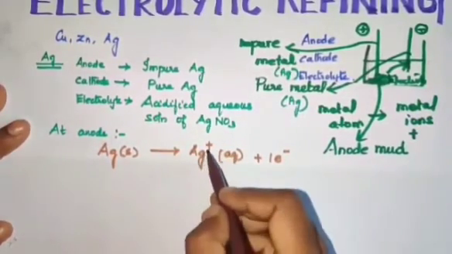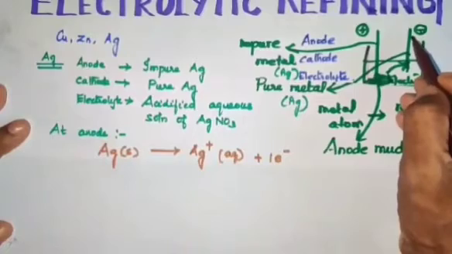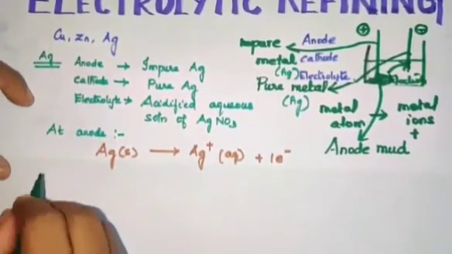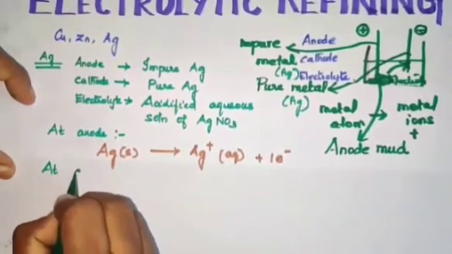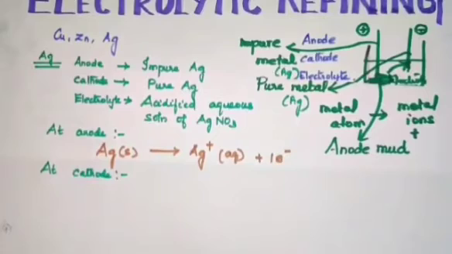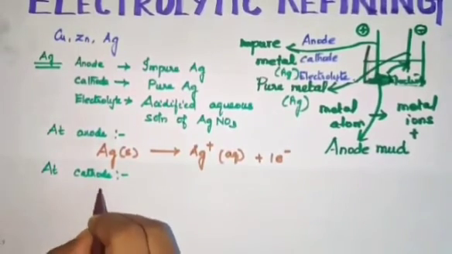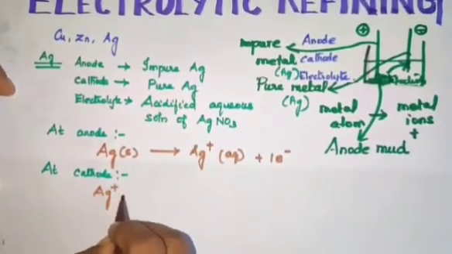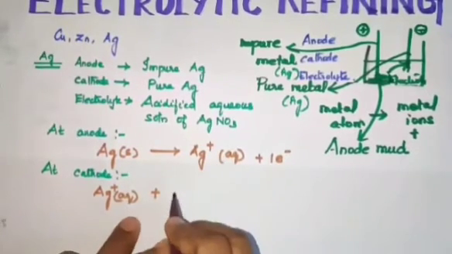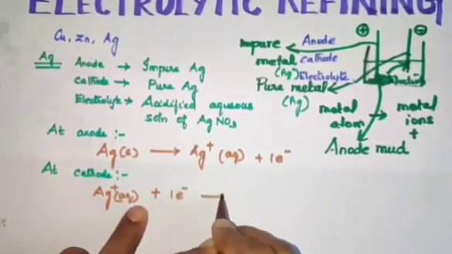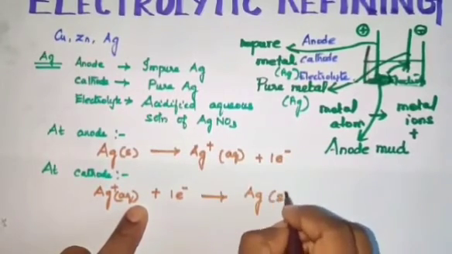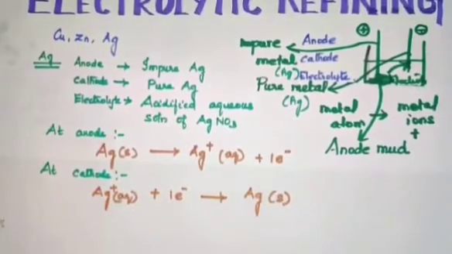After converting the silver atom into a silver ion, what will happen? The silver ion is going to be deposited on the cathode. So at the cathode, the silver ion from the aqueous solution absorbs one electron and is deposited on the cathode as a solid.